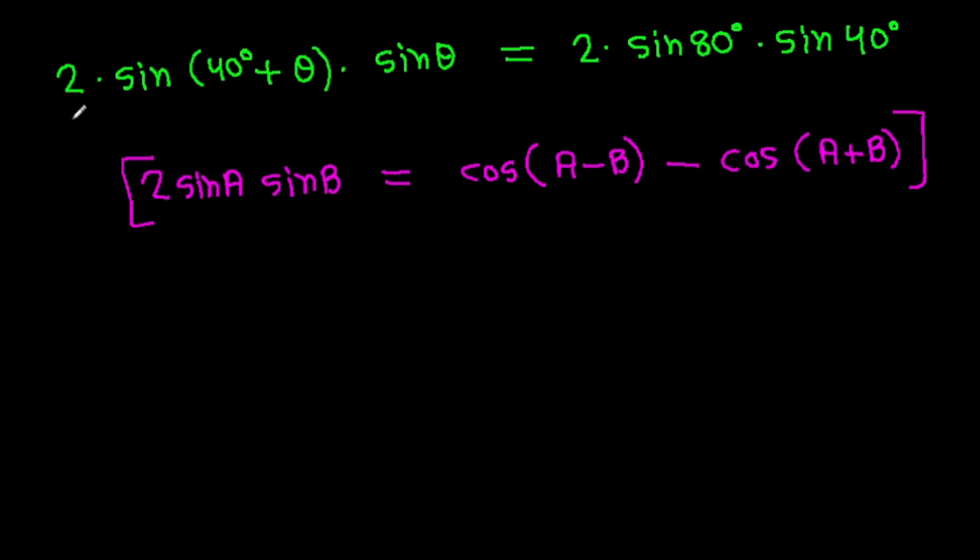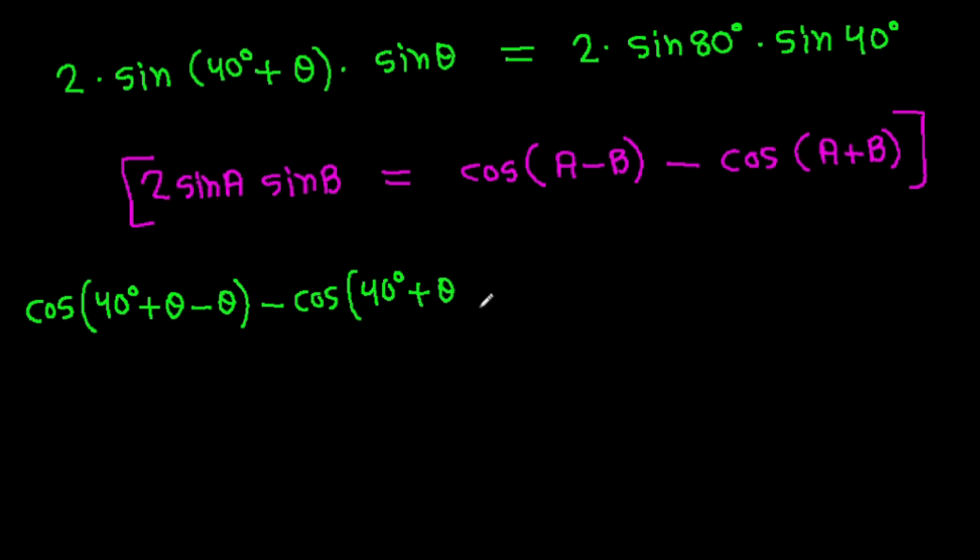So 2 times sin 40 degrees plus theta times sin theta will be cos 40 degrees plus theta minus theta minus cos 40 degrees plus theta plus theta.